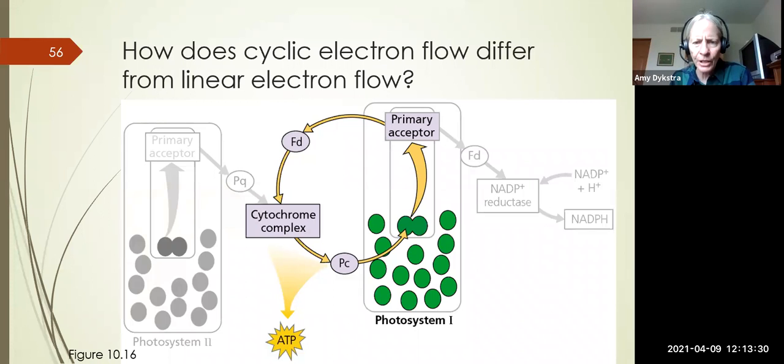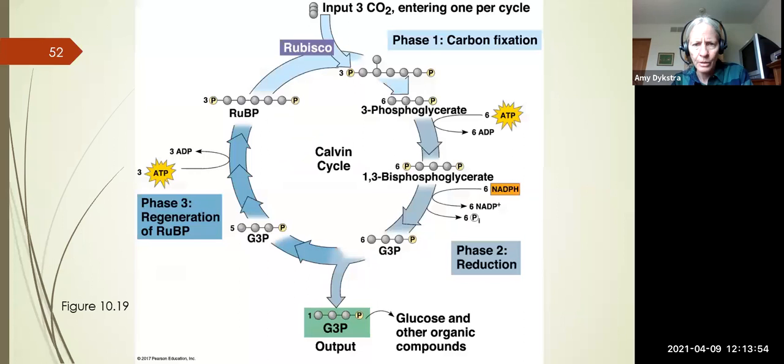Okay, that's very good. So that is the main point of cyclic electron flow, that it does not make NADPH, but it does make ATP. Let's remember back to the Calvin cycle, and remember that the Calvin cycle requires more ATPs than it does NADPHs.